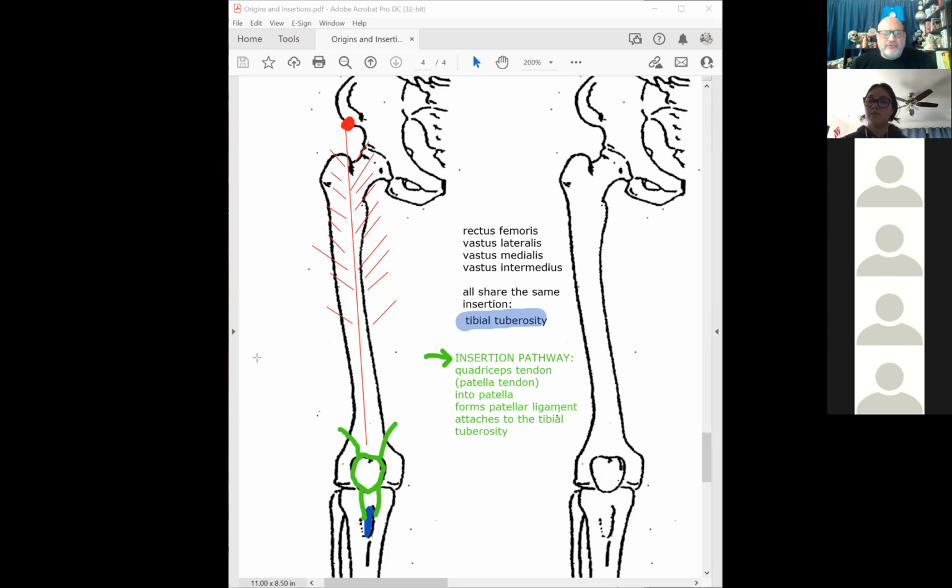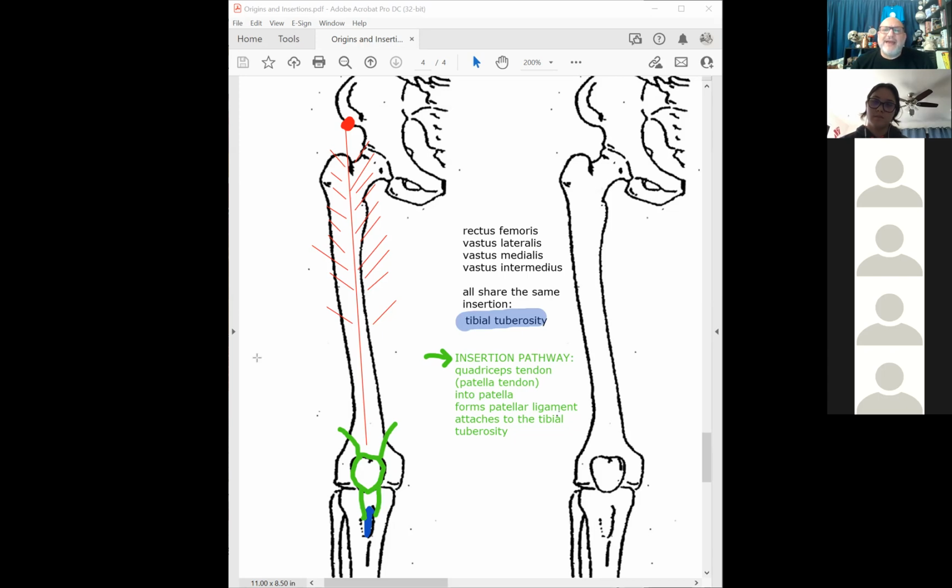And so it produces an incredibly strong muscle, which is needed, because our leg is a big, huge, ugly mass of meat, and to move it around through space requires a tremendous amount of strength. So we have this nice bipennate muscle, a massive amount of strength to move the leg.